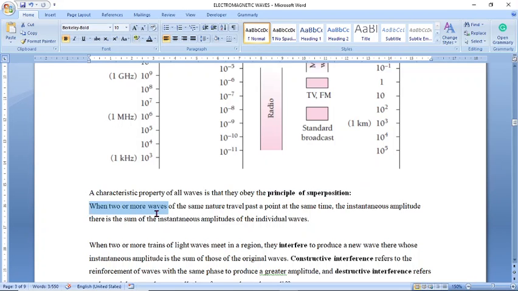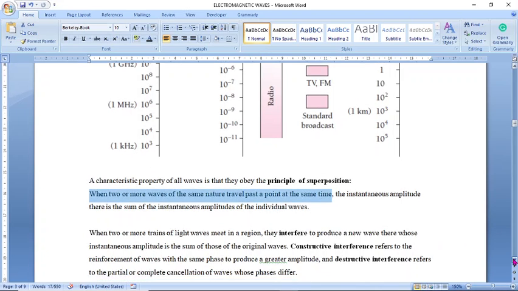When two or more waves of the same nature travel past a point at the same time, the instantaneous amplitude there is the sum of the instantaneous amplitudes of the individual waves. ഒരു പോയിന്റിലൂടെ two or more waves pass ചെയ്യുന്നുണ്ടെങ്കിൽ then the amplitude is the sum of the amplitudes at the time, called the instantaneous amplitude of the individual waves.